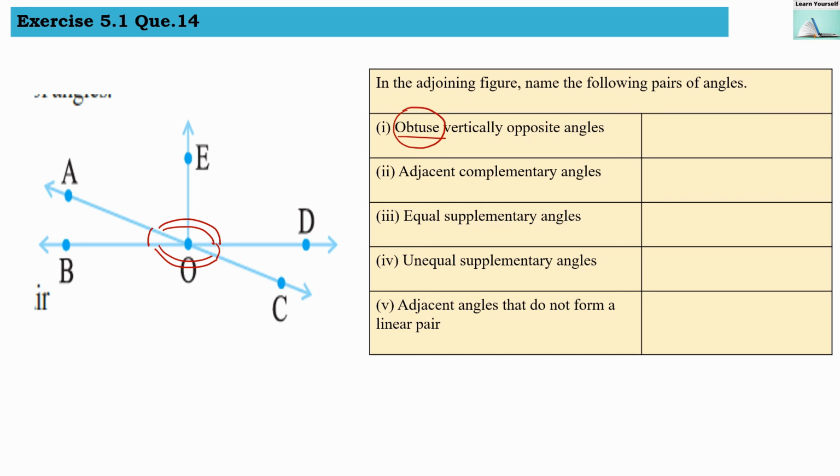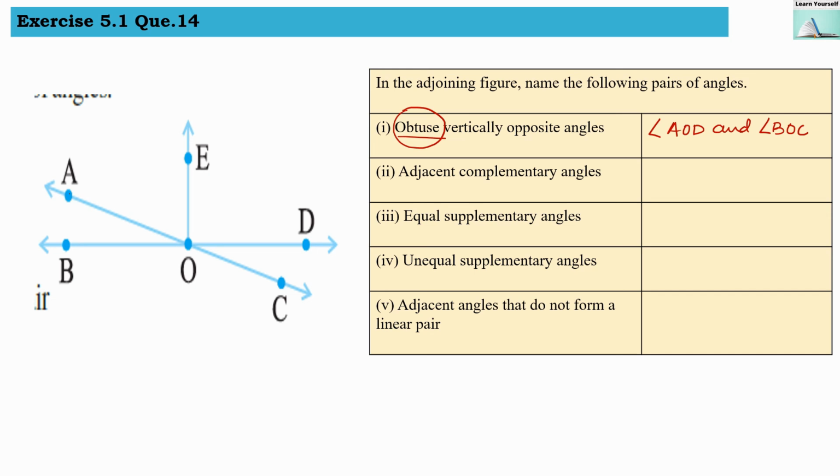This pair of angles will be acute. We have to find out obtuse vertically opposite angles, which are greater than 90 degree. So these are the obtuse pair of vertically opposite angles. So it is going to be angle AOD, and the second pair is angle BOC.